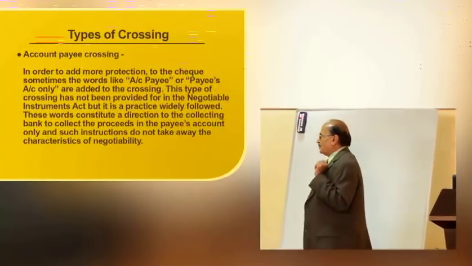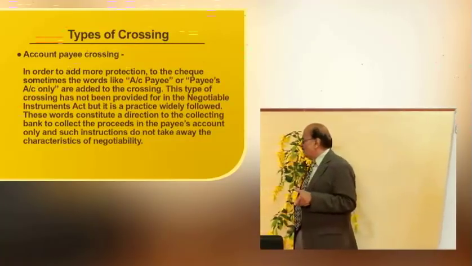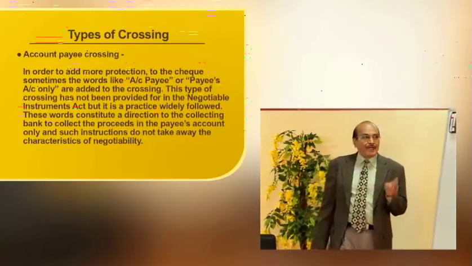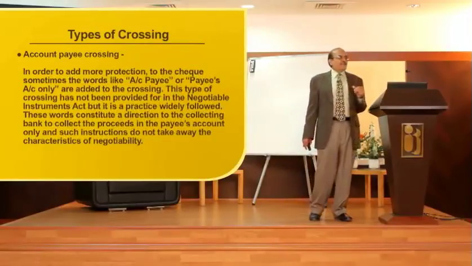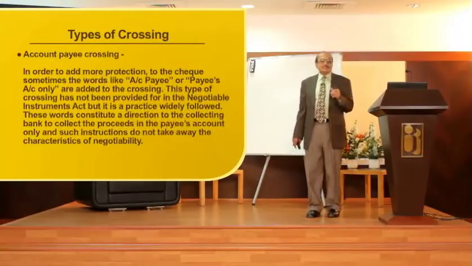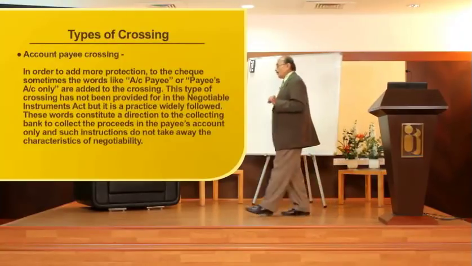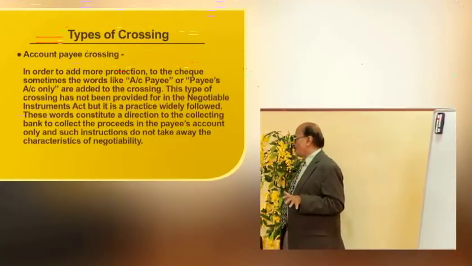Account payee crossing. In order to add more protection to the check, sometimes words like "account payee" or "payee's account only" are added to the crossing. This type of crossing has not been provided for in the Negotiable Instruments Act, but it is a practice widely followed.